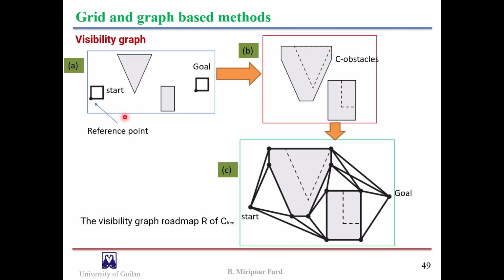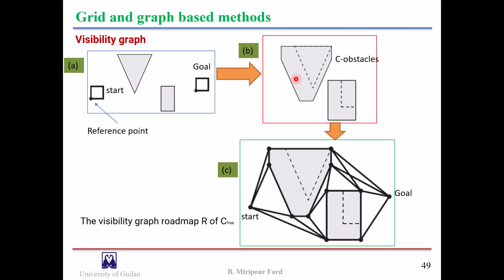In this slide, you see a square robot in the workspace with a triangular and a rectangular obstacles. The start and the goal configurations for this square robot or for the reference point are also shown in the workspace.